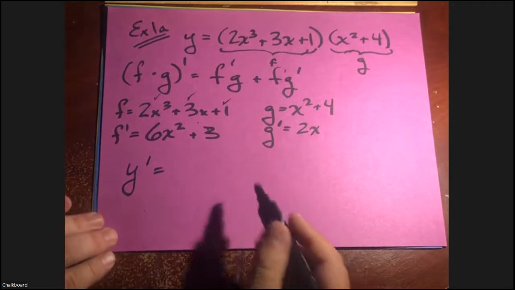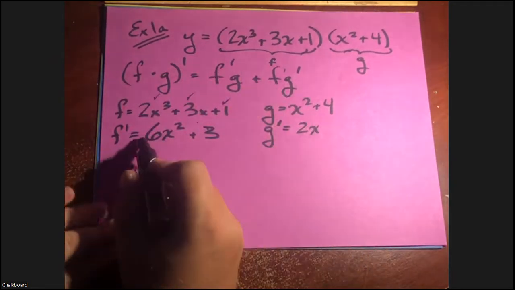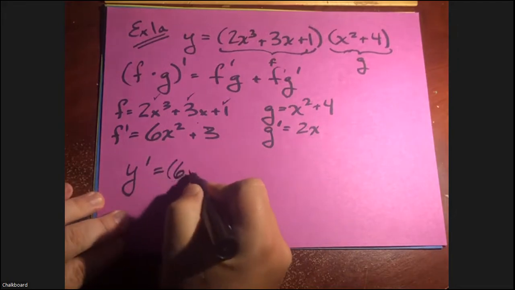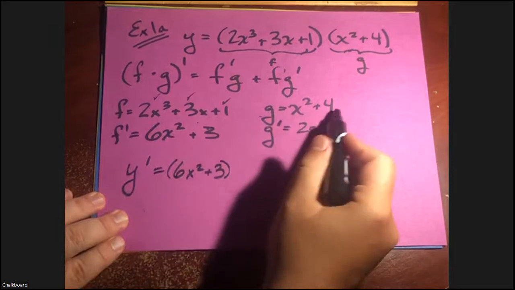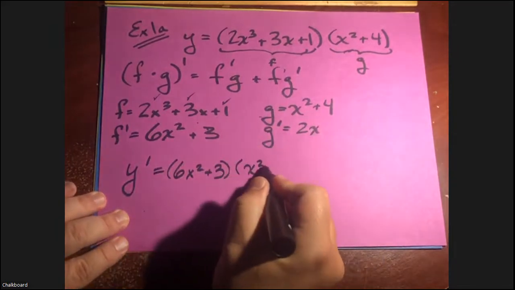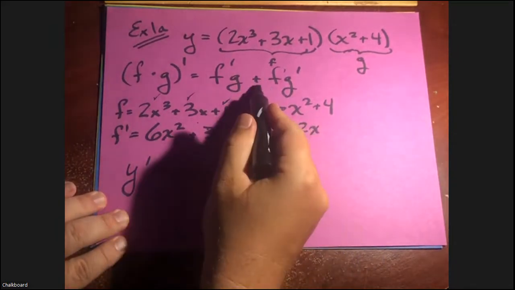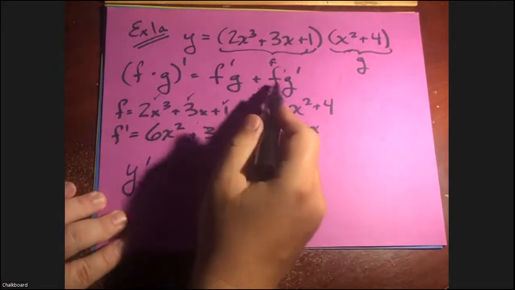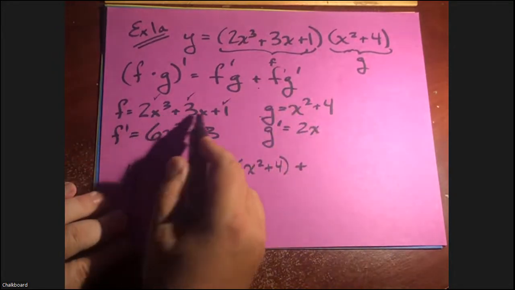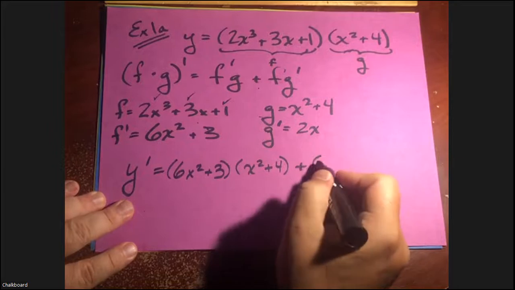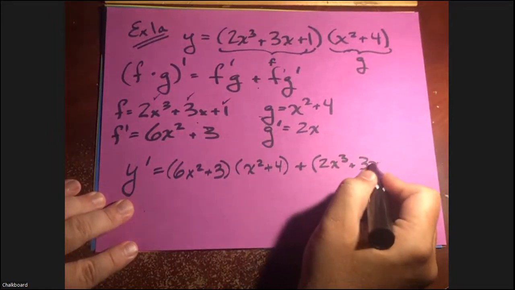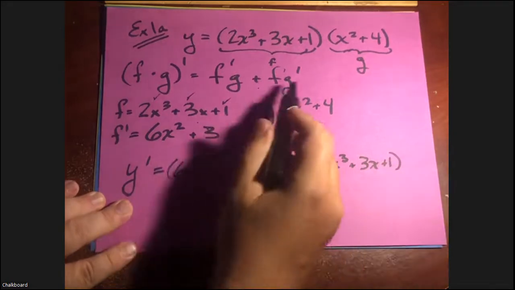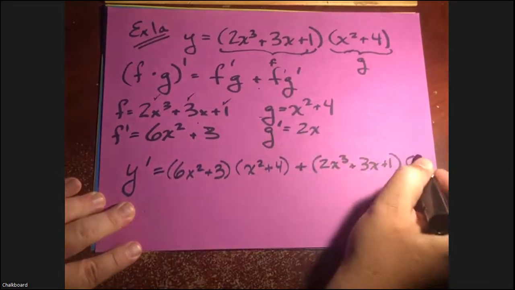Y prime is going to be first f prime, which is this expression, times g, which is this expression, plus now f, which is this whole expression. Use parentheses. It makes everything look very clear. Use parentheses. And you know what else? Try to write really neat. That also helps a lot. Last, we have g prime, and g prime is simply 2x.